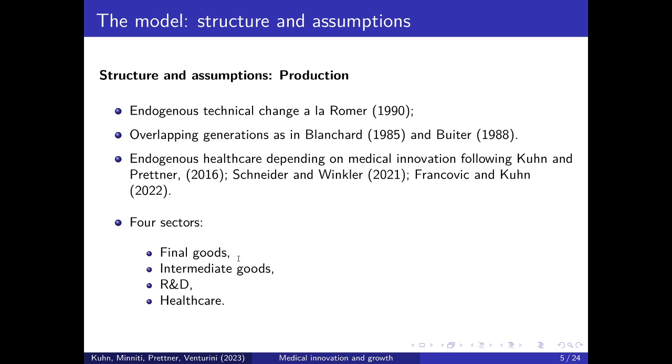So there is a certain trade-off that we have to take into account and that we model in this framework between putting a lot of resources in healthcare and therefore leaving fewer resources for research and development, or putting less resources in healthcare but having a lower life expectancy and lower population growth.